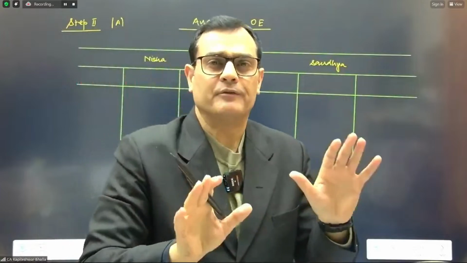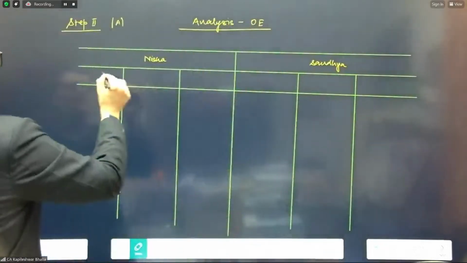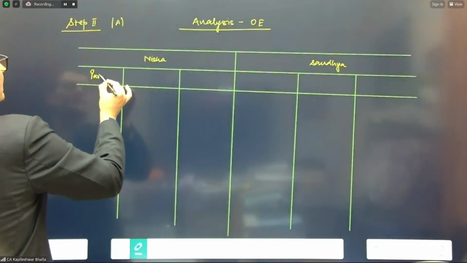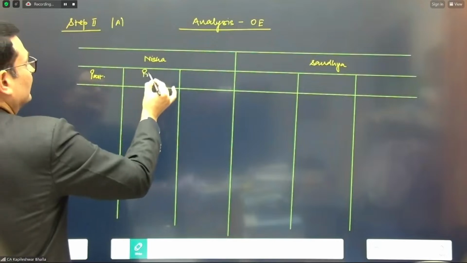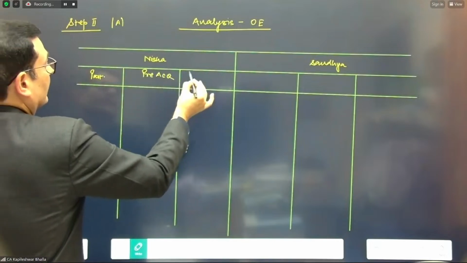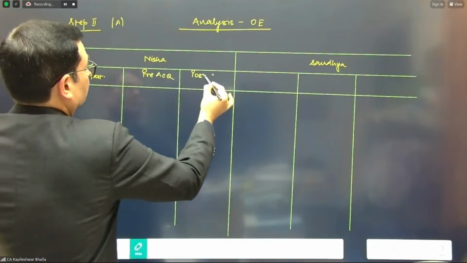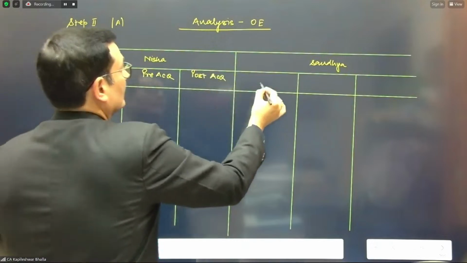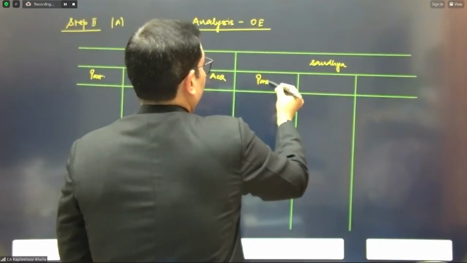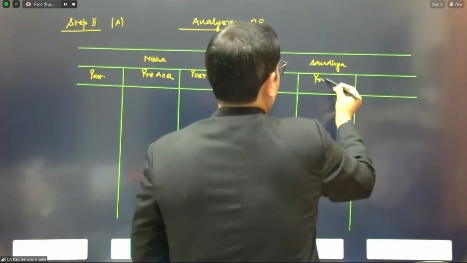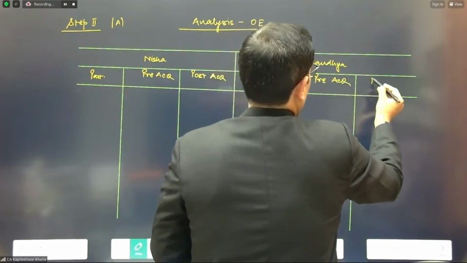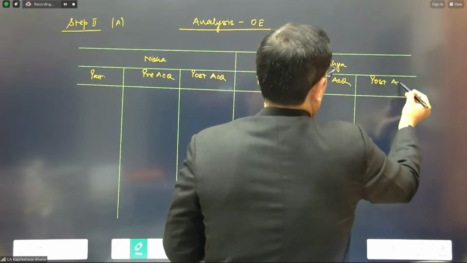Everything absolutely remains the same. So let's consider the column for the particulars, and this is pre-acquisition, and this is post-acquisition. And this is again particulars, pre-acquisition, and post-acquisition.